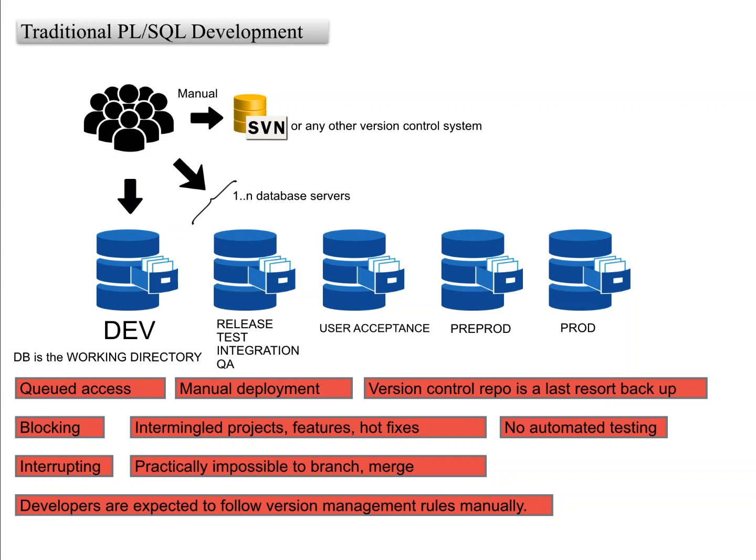But again, I know some of the companies already committed to SVN for their build processes. But see, the database can be run by Git, and your user interface team, your Java team, your C# team can still continue using Subversion.